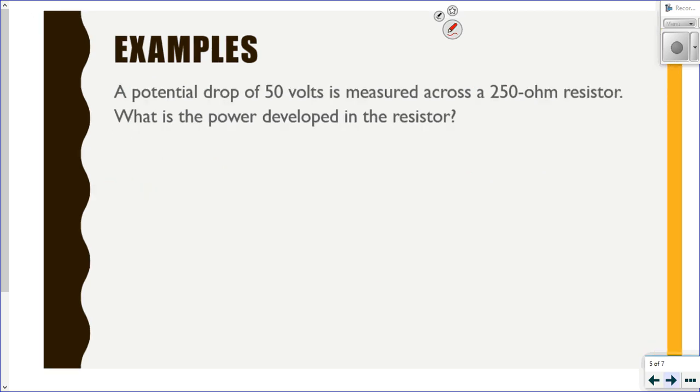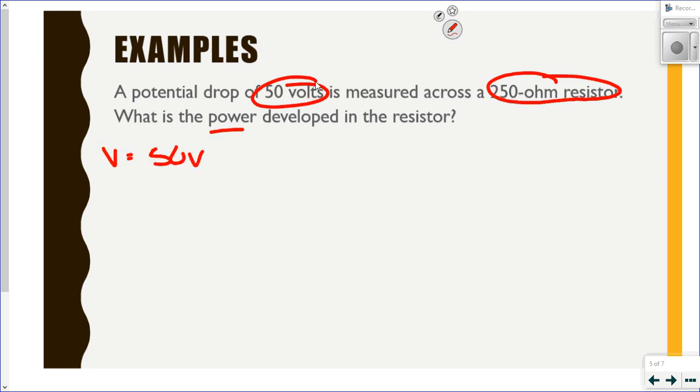Okay, so let's try another. We've got a potential drop, that's a change in voltage, of 50 volts measured across a 250 ohm resistor. I want to know the power developed. So we know the voltage is 50 volts. We know the resistance is 250 ohms. I want to find the power. So I'm going to pick the power equation that has voltage and resistance.